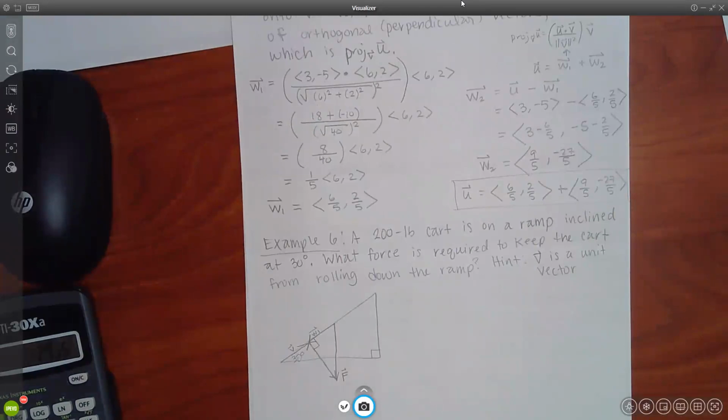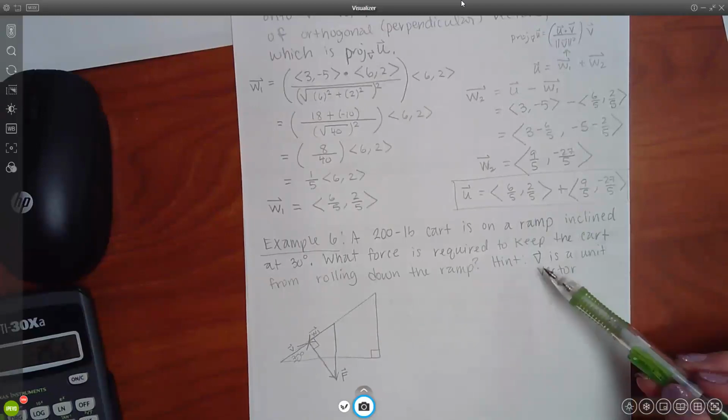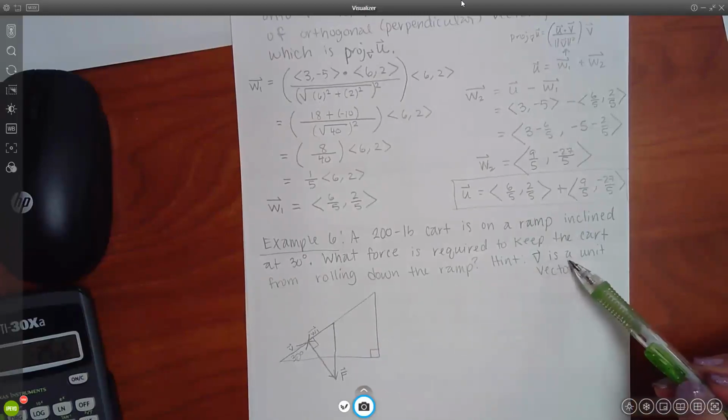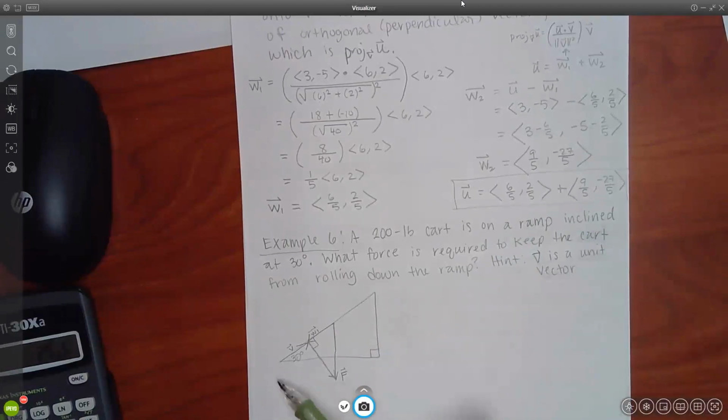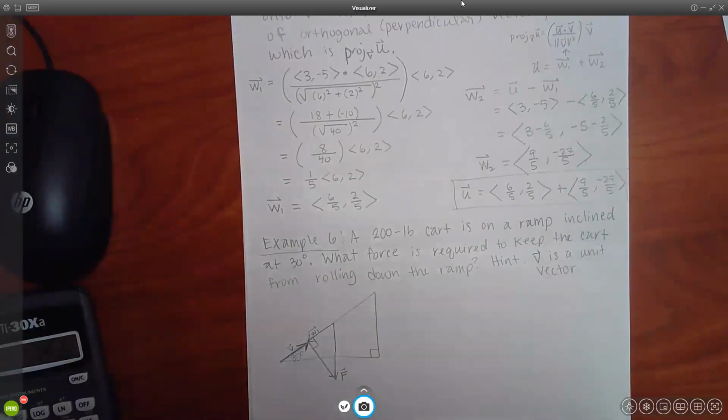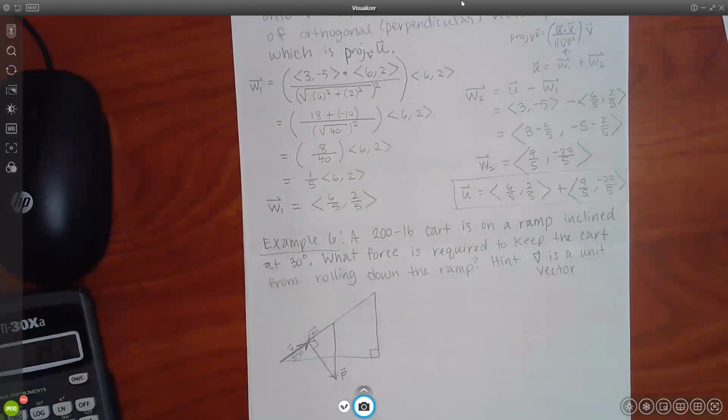So here it says a 200-pound cart is on a ramp inclined at 30 degrees, and it wants to know what force is required to keep the cart from rolling down the ramp. It says, hint, your angle there is a unit vector. So this guy here is a unit vector.